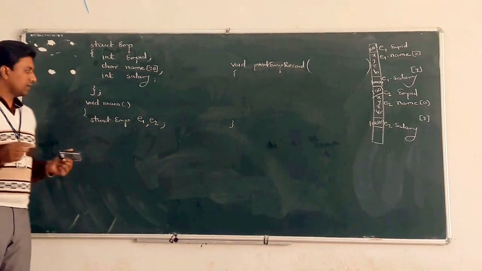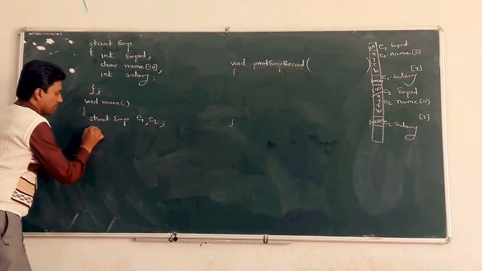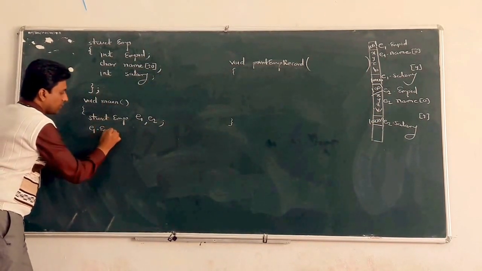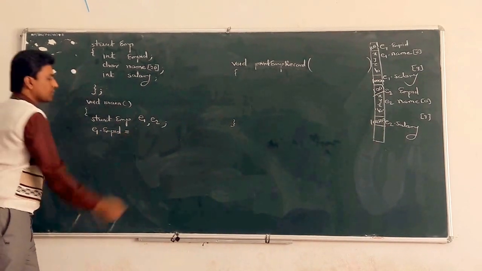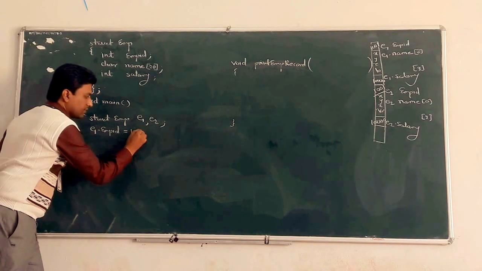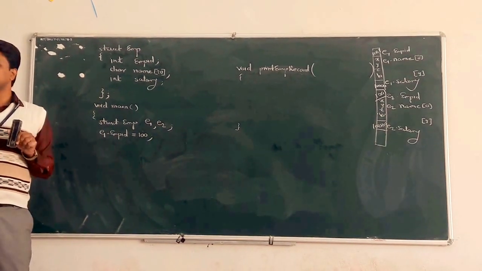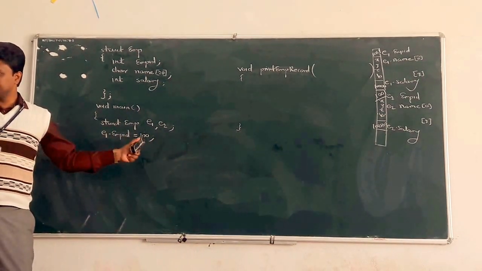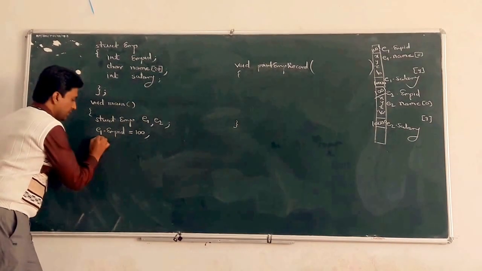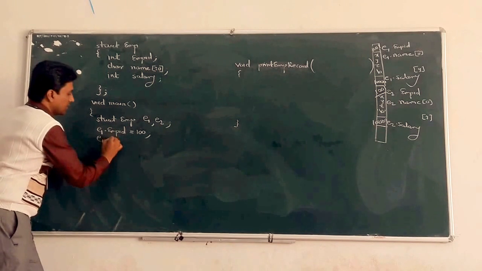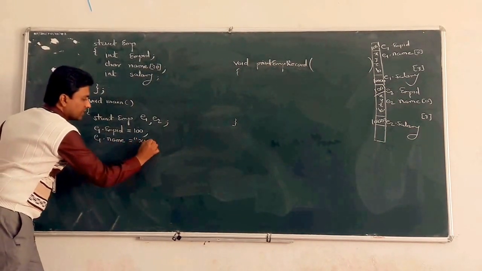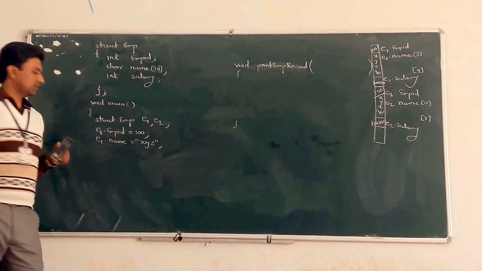Suppose E1 dot employee ID is equal to 100. 100 is the employee ID. We can assign directly this way, not using curly brackets. Next, E1 dot name is equal to XYZ, the employee name.